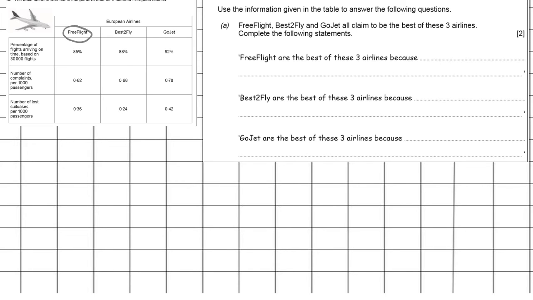Okay, there it has the fewest complaints out of all of them. Best to fly is the best of these three airlines because, okay, it's got the fewest lost suitcases.